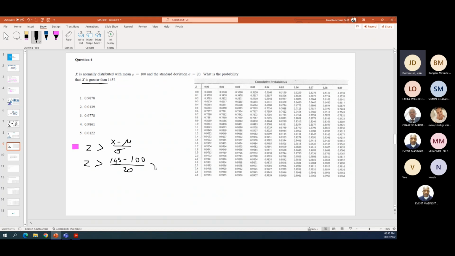What is that? 45 over 20. I think that is 2 point something. Let's just make 100% sure: 45 divided by 20 is 2.25. Okay, so we need to work out when Z is bigger than 2.25.